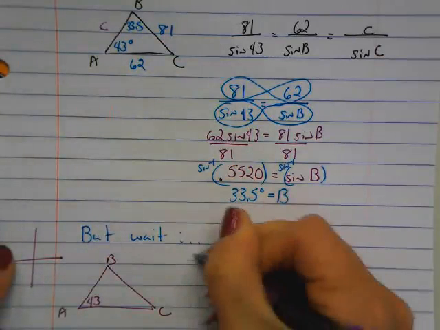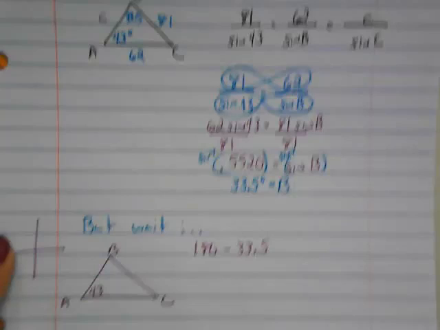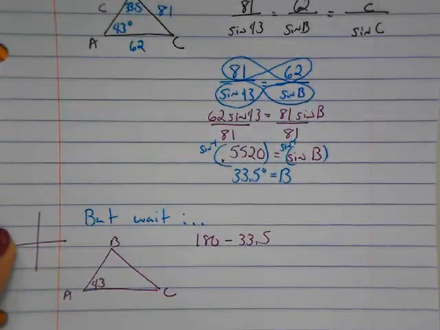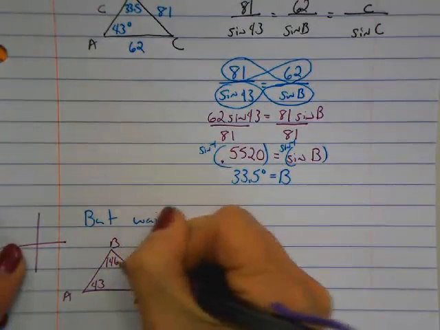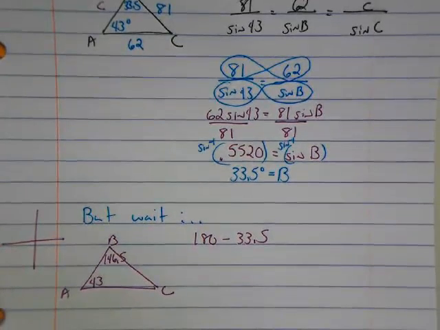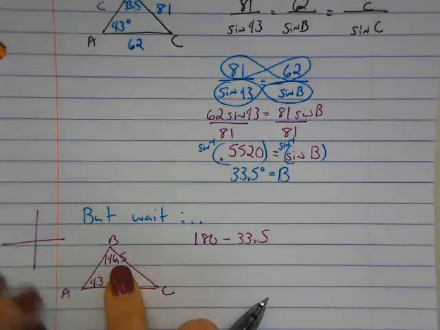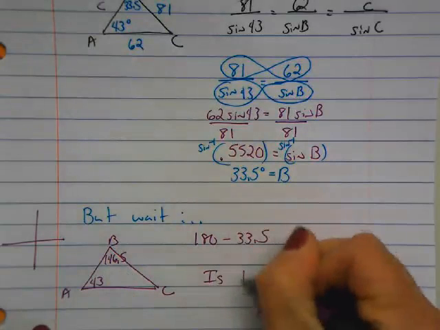I do 180 minus 33.5, which gives me an angle of 146.5. Is that possible? That's your question.